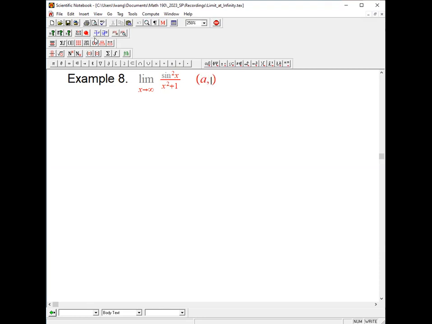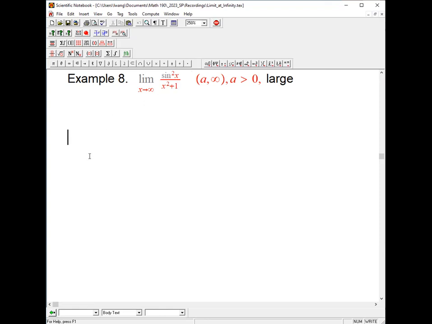So it's from a to positive infinity, where a is positive and large. But even for large a, sine of x oscillates between -1 and +1, and if you square it, it's going to oscillate between 0 and 1.